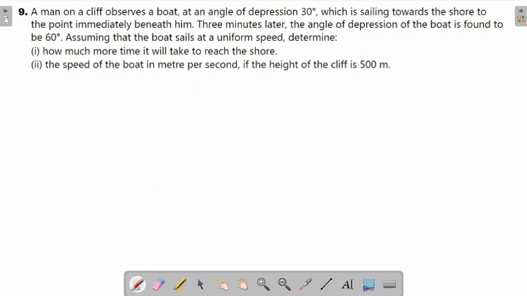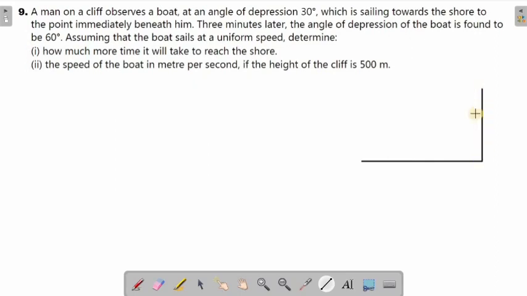So what is happening here is, let's say this is the horizontal line. Actually, this horizontal line represents the river, and let's say at this point we have got the cliff.